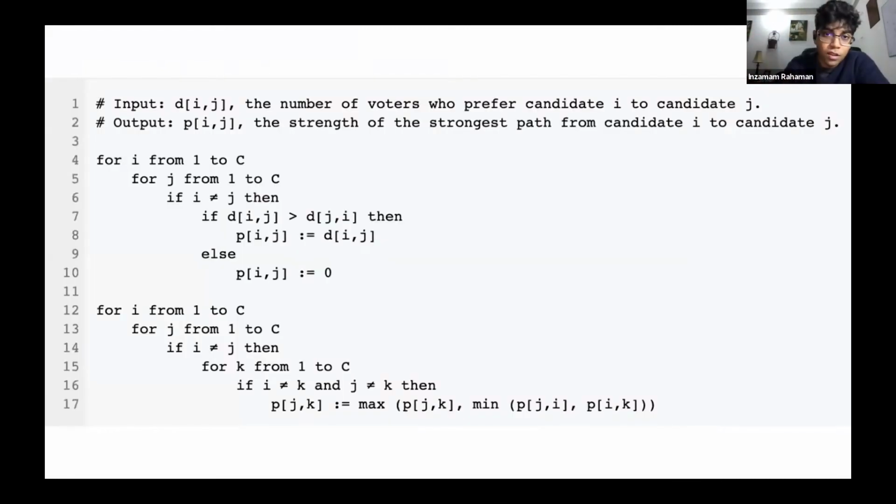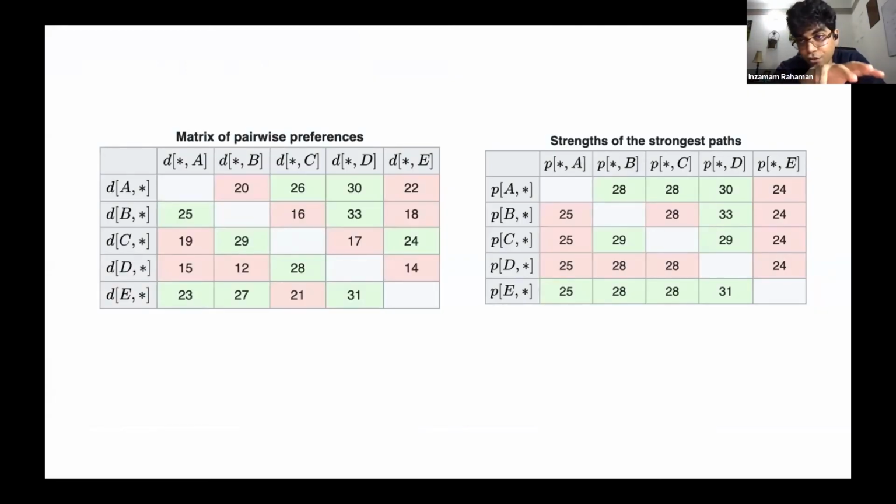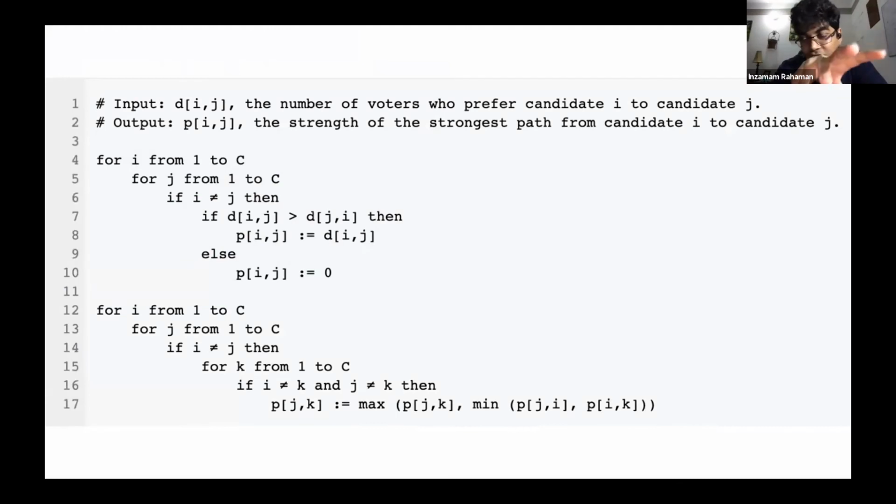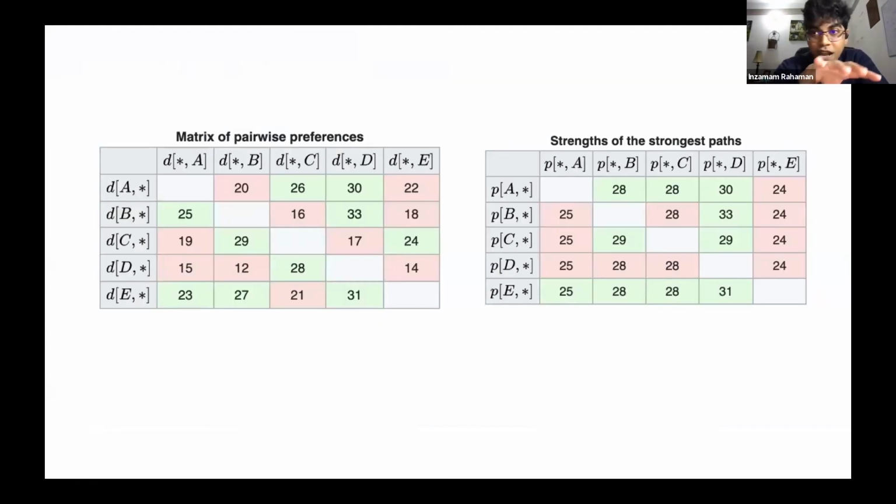So you construct this pairwise preference matrix on your left, and you run this algorithm on it. What you get is something like on the right. What you pretty much do is, if you look at P[B,*] versus P[*,B], right? Now, P[*,B] is greater than P[B,*], right? So you flag those higher ones in that approach.